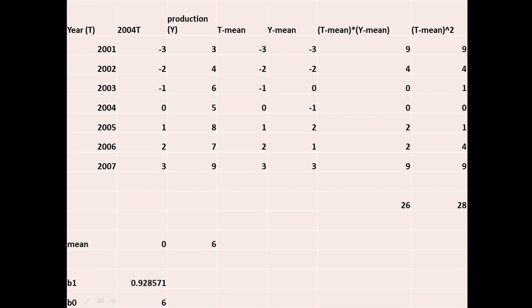But in the second example, he put 2004 as a base year, so we can draw it. It is assumed to be a line.